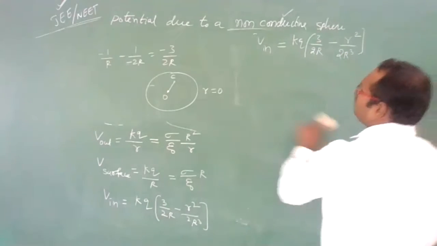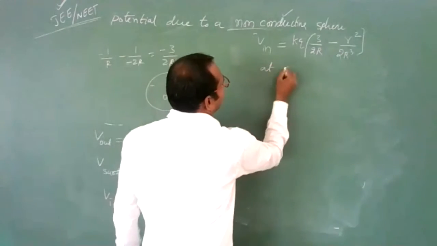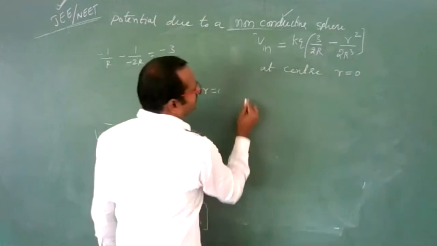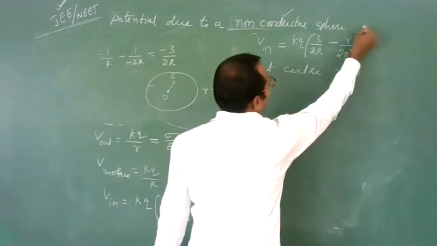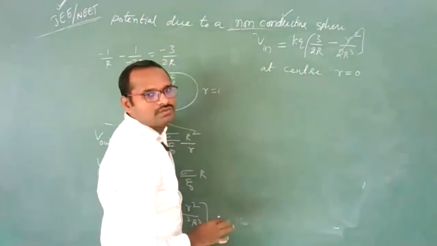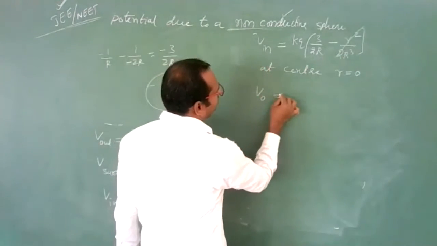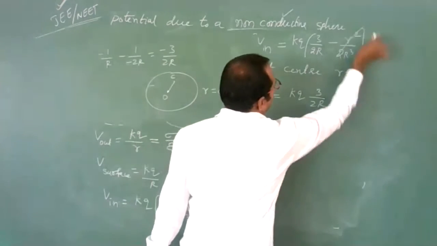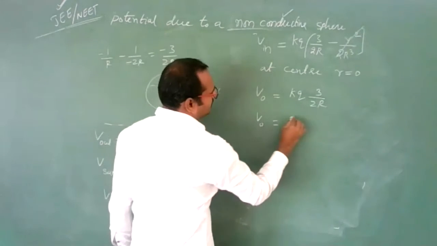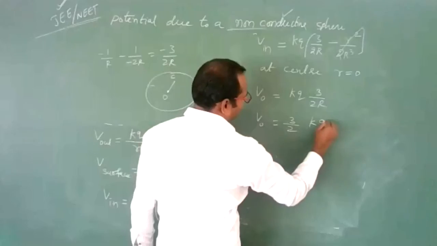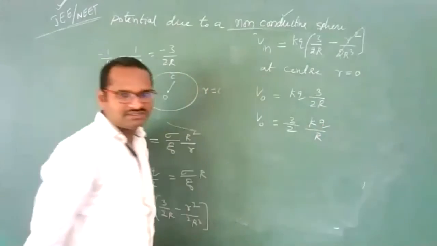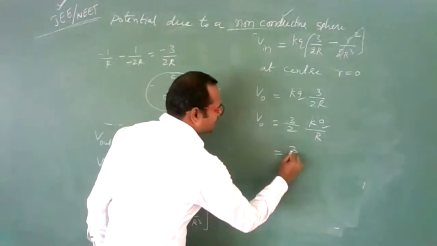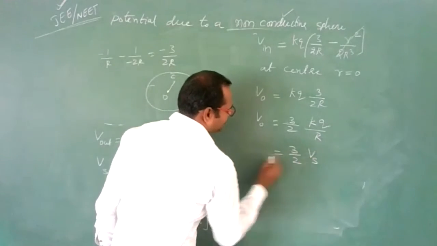Now, I want the potential at the center. At the center, small r will become 0. Substitute 0 here, and everything else will become 0. You will get potential at the center equal to kq into 3 by 2R, means 3 by 2 times kq by R. Now kq by R is the potential on the surface.